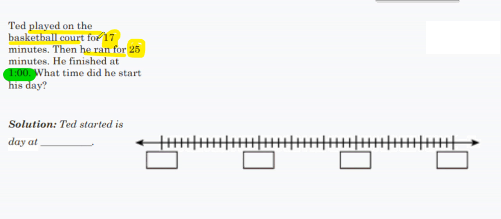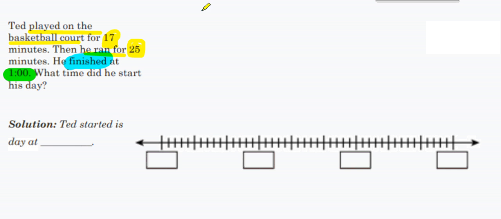So he did 2 activities, and then he finished those 2 activities at 1 p.m. So when I look at my number line, what is the important word from this word problem that I need to keep in mind so that I know where to put that 1 o'clock? Good job. The word finish. So finish at 1.